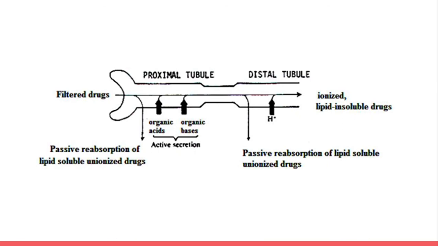And this is a graphic that shows what is happening. In a nutshell, at the proximal tube, we have passive reabsorption, but also active secretion with the organic acid and organic base transporters. In the distal tube, we have much more the presence of those active secretion components.